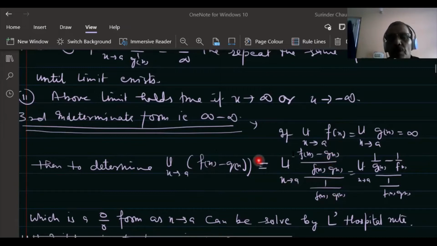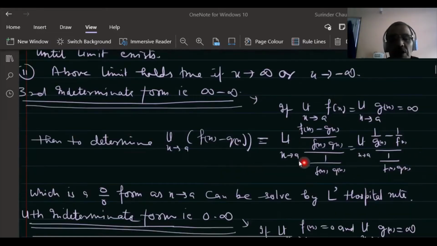It means we multiply and divide by f(x)g(x), and the numerator is taken to the denominator, and this is converted into the form limit x tends to a of (1/g(x) minus 1/f(x)) upon 1/(f(x)g(x)).